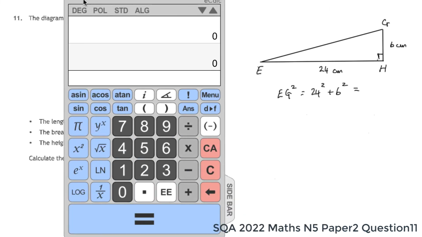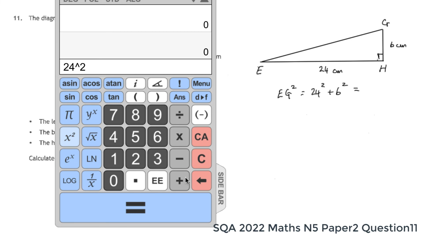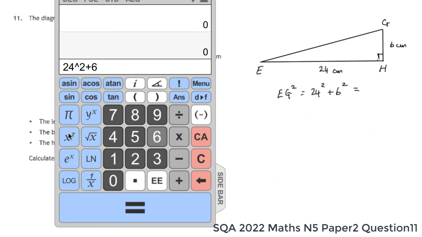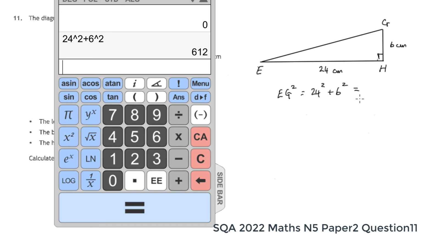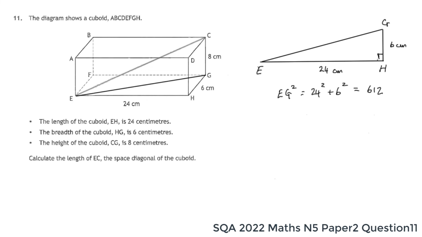And get the calculator out to quickly tell us the answer to that. And there it is, 612. So let's put that down. So that's 612. Now interestingly, we don't need to work out the square root of 612 to find the length of EG, and you'll see why in a minute.